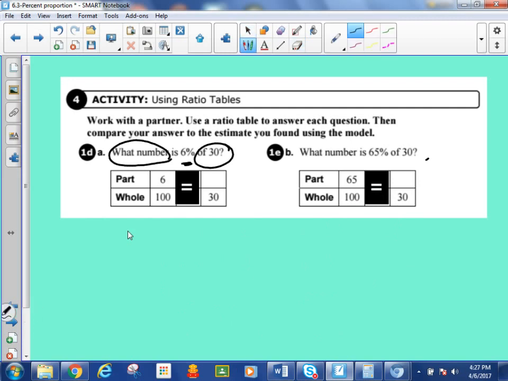So I set up with my part and my whole. I have 6 over 100 because that's the fraction of 6%. And then as I have identified my what number, that's my part, of 30, that's my whole. And then I simply cross multiply and divide.